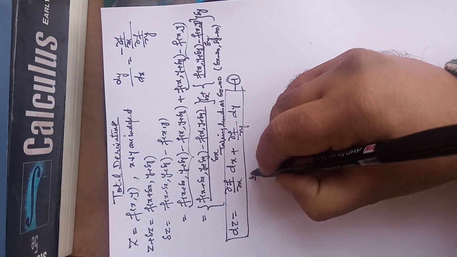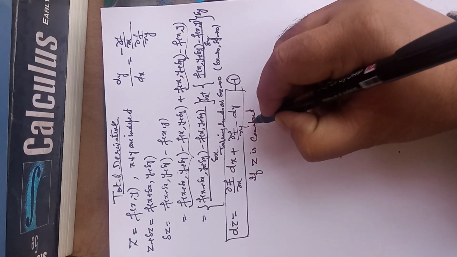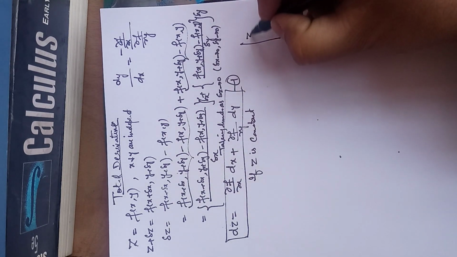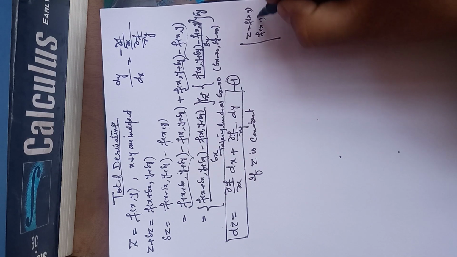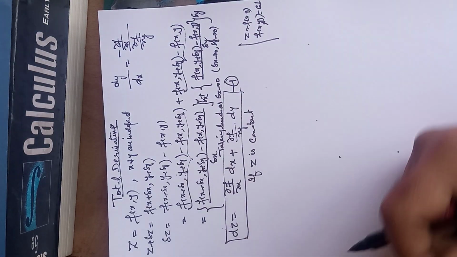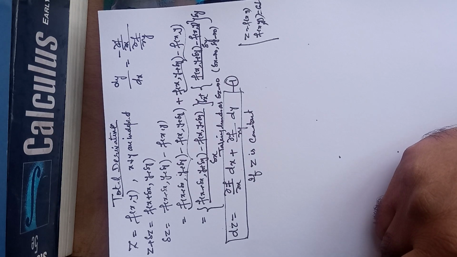Now, if z is constant, your z is a function of x and y. z is constant means f(x, y) is constant. Fine. It means you have only two variables, x and y, so you can find the ordinary derivative, because you don't have three variables, you have two variables only. You can have the formula.